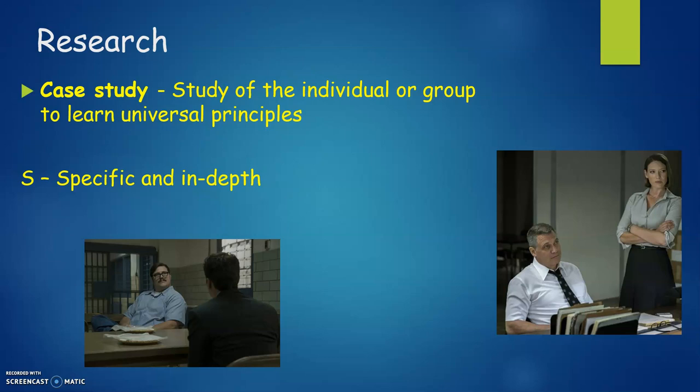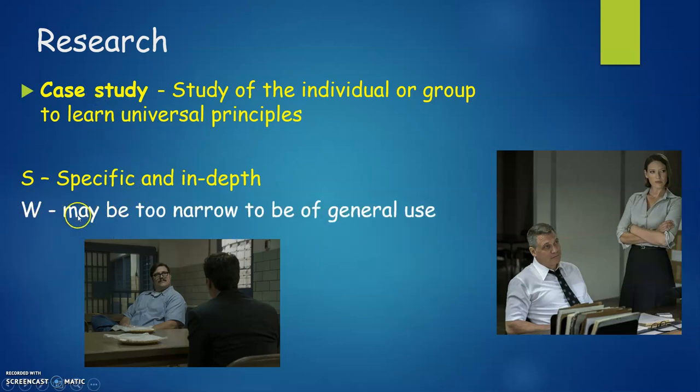So case studies are a really good way of conducting and testing a hypothesis. Your hypothesis could be that perhaps people that had a horrible childhood would become serial killers. Well, that's something that you could test, right? By doing a case study.